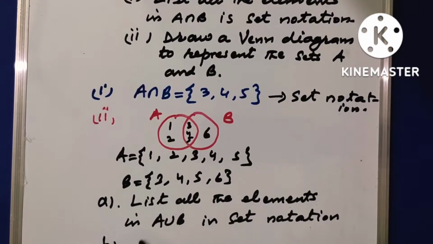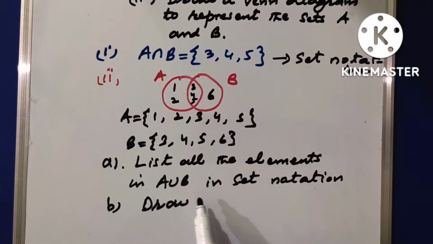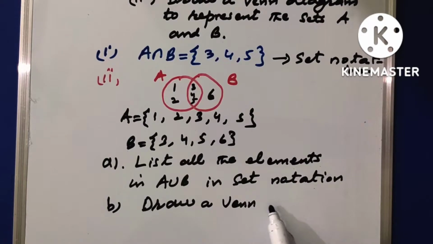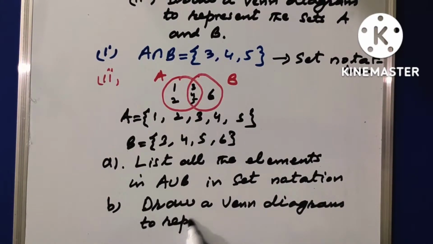B part, draw a Venn diagram to represent the sets A and B.